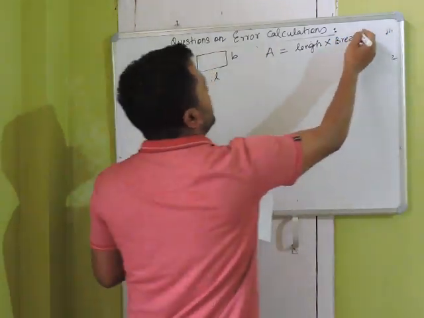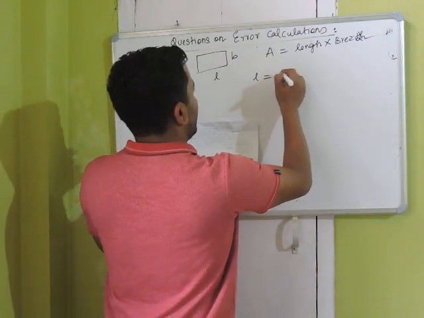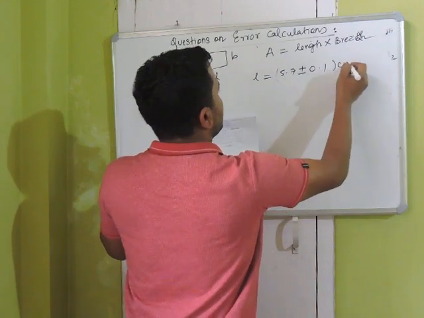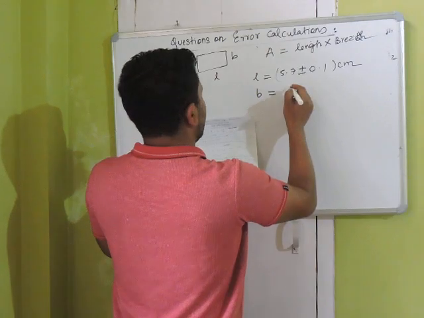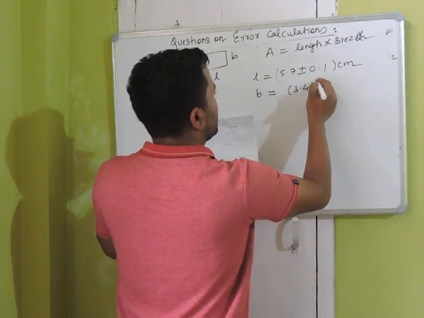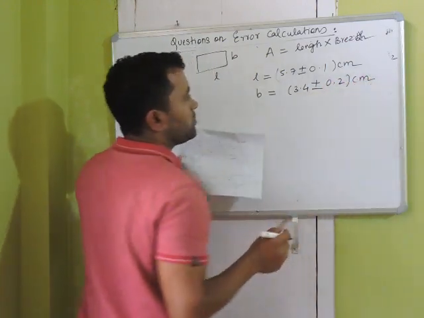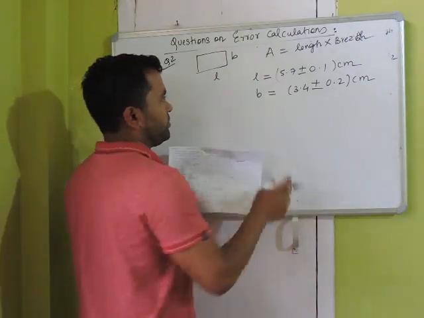So L is given to be 5.7 plus minus 0.1, and B is given to be something similar. Now what will be the area in error limits?